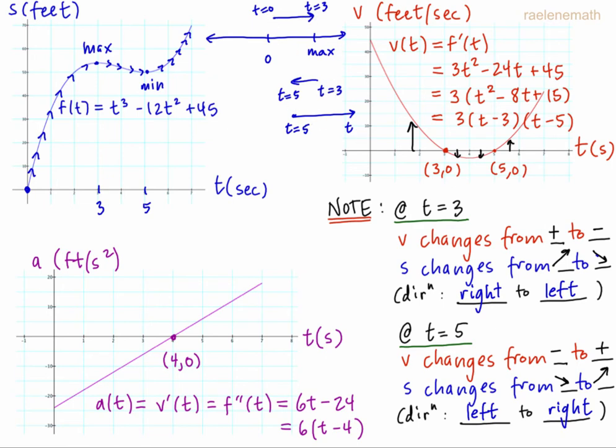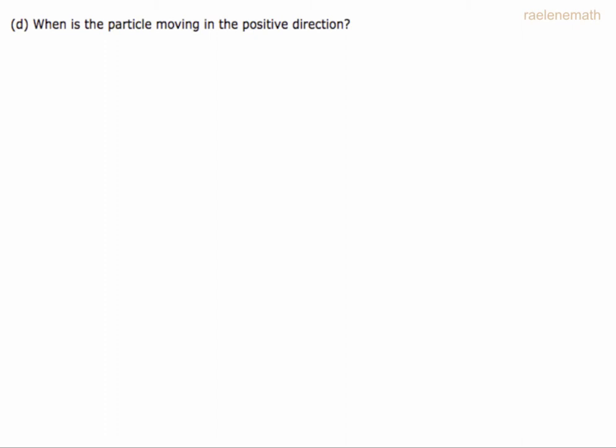Okay, this is interesting and useful then because we are asking questions, when is the particle moving in the positive direction? One of the challenges of a question like this is to interpret the words into equations and inequalities. So particle moving in the positive direction, we can say is moving to the right.